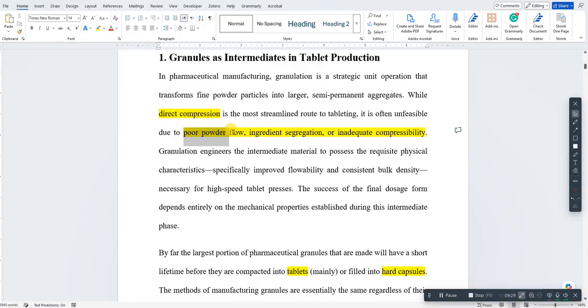They will usually have poor powder flow and also segregation. So the reason why it's not applicable to everything is poor flow, ingredient segregation, and inadequate compressibility. That's why we tend to go for granulation.